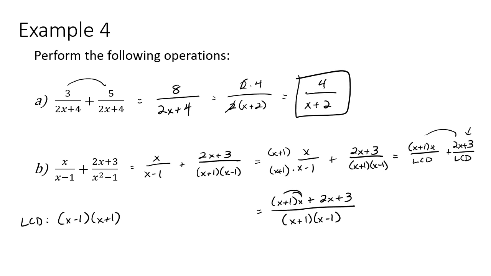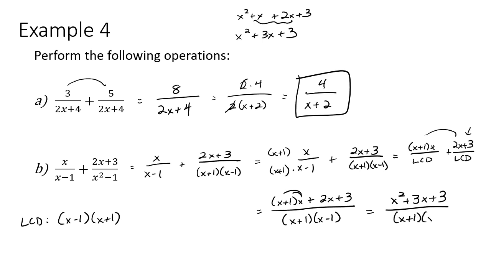If I distribute that x through, I'm going to do this off to the side to save a little bit of space. The numerator would be x squared plus x plus 2x plus 3. And then we can combine like terms. And so we can write this as x squared plus 3x plus 3 divided by x plus 1 times x minus 1.